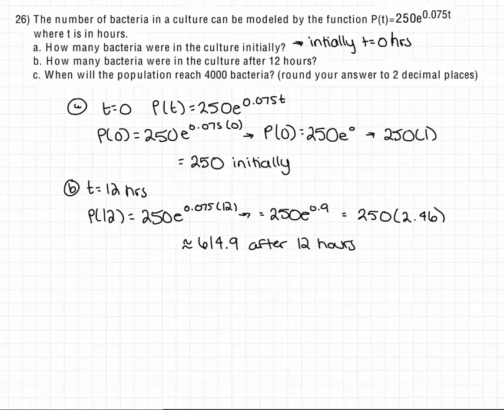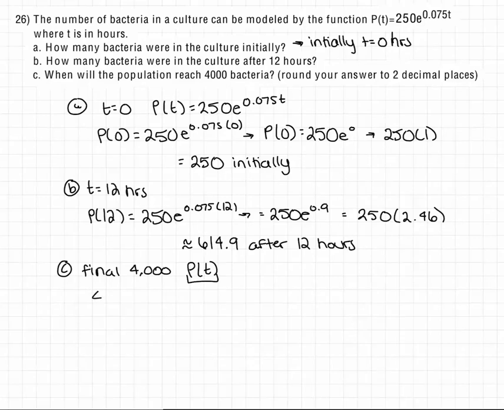Now, looking at part C, it's asking when will the population reach 4,000 bacteria? And it's asking to round our answer to 2 decimal places. So we know that our final is going to be 4,000. So instead of plugging anything in for t, we're actually plugging it in for the first part of our function, which is this segment.